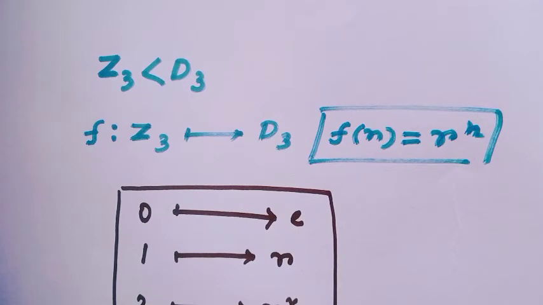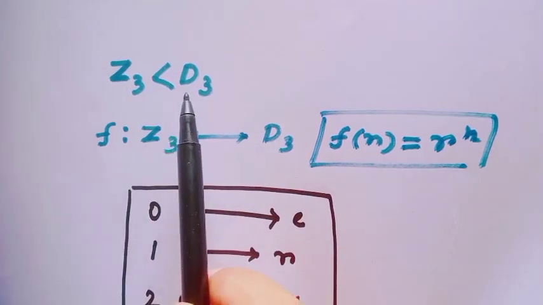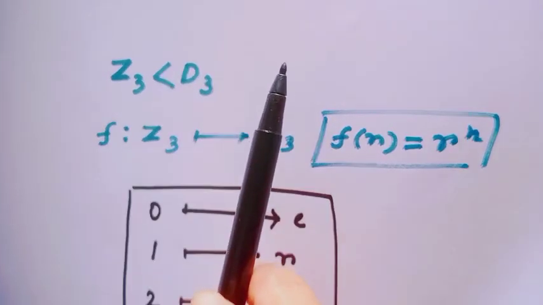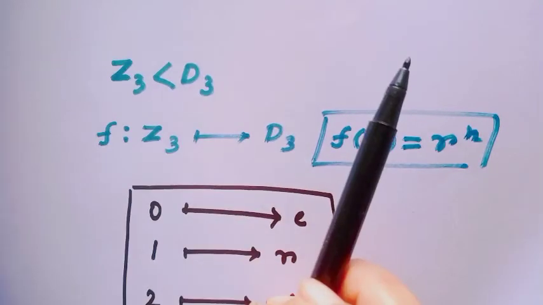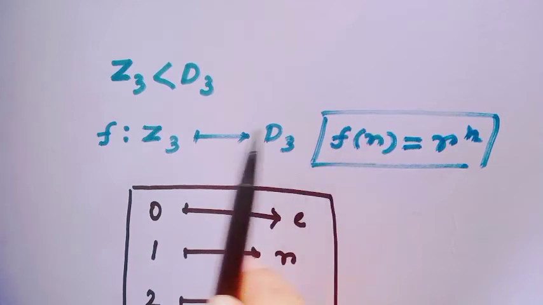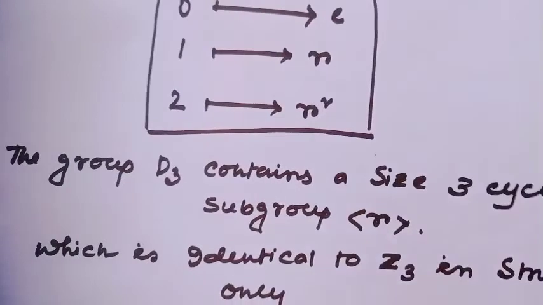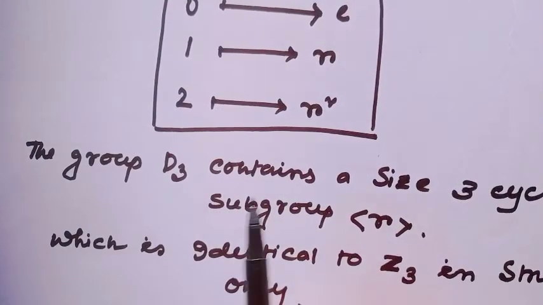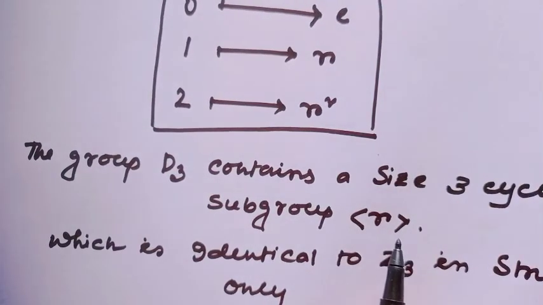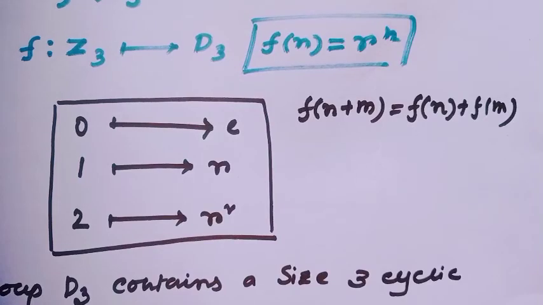Well, now notice a motivational example of homomorphism. We all of us know Z3 is a subgroup of D3. Z3 contains 3 elements where D3 contains 6 elements. Does there exist a homomorphism from Z3 to D3? The group D3 contains a size 3 cyclic subgroup generated by R. Now I will define a homomorphism f from Z3 to D3 such that f of n equals R to the power n.